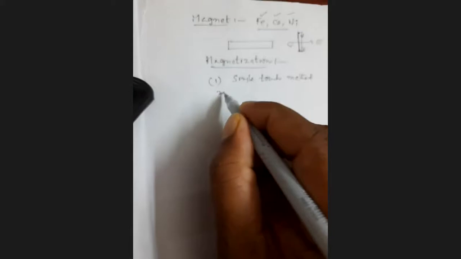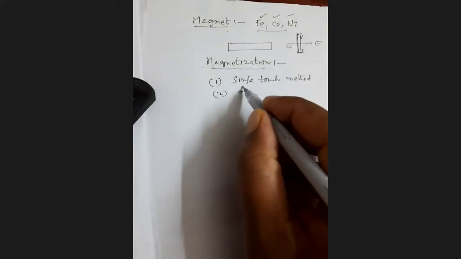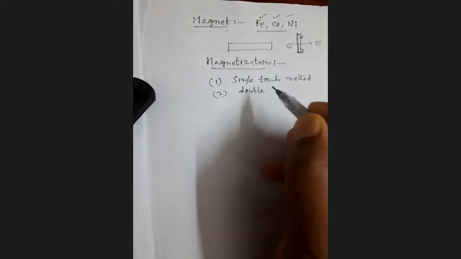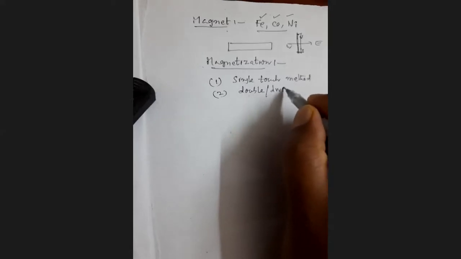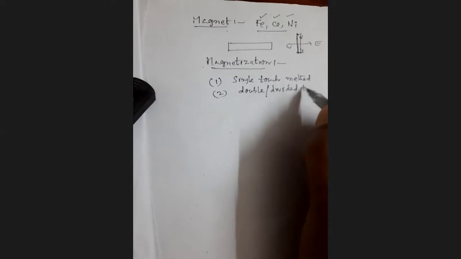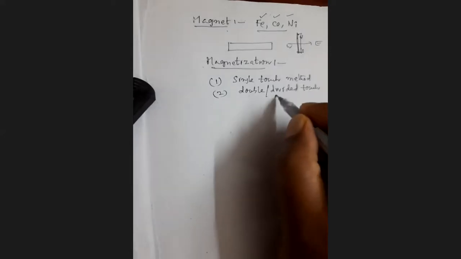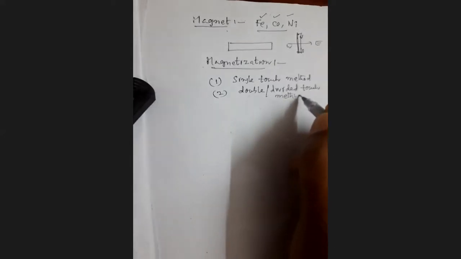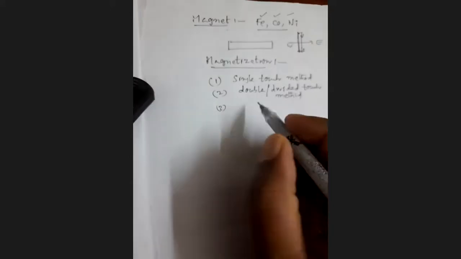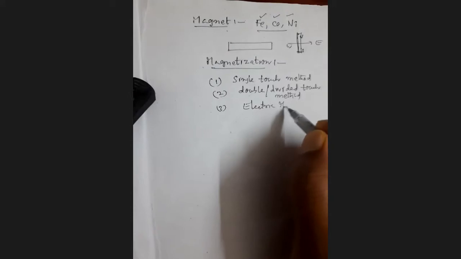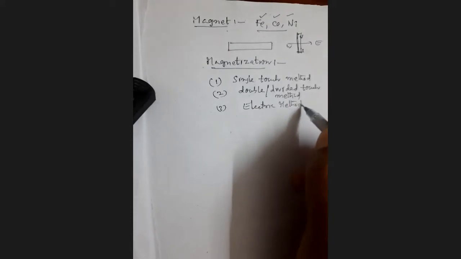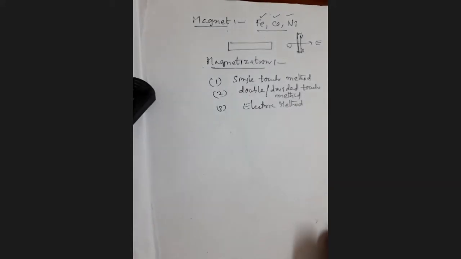The second one, the double touch or divided touch method. The third one, the electrical method. Okay, so let us see one by one.